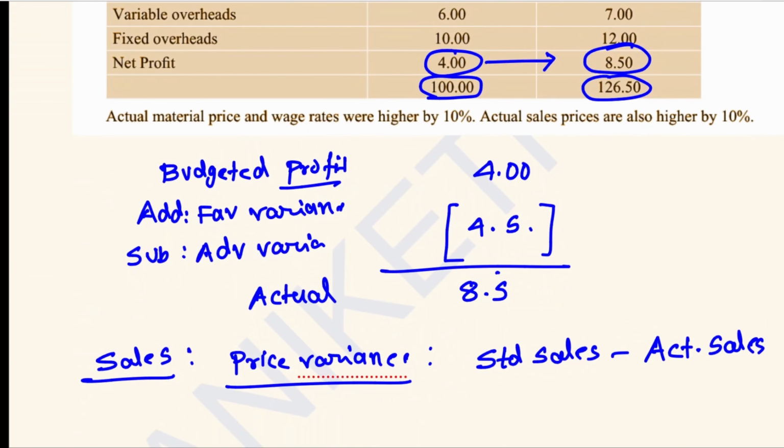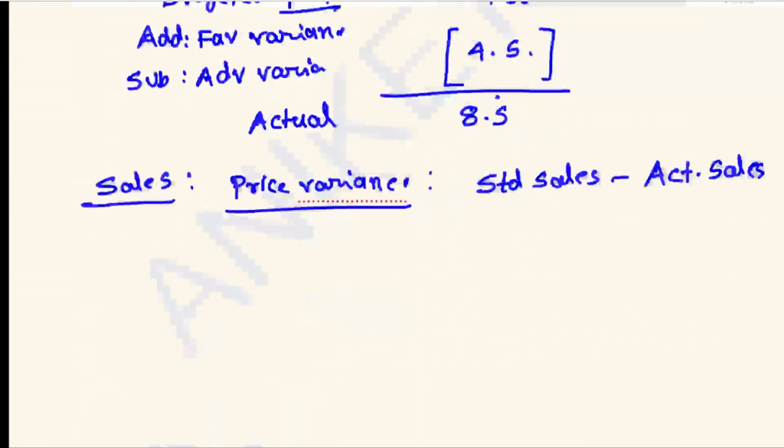What is my actual sales? It is 126.5. Actual sales price also higher by 10%. The total is 126.5. And my standard sales, let's break it down to AQSP minus AQAP. Let's consider SP is equal to 1.